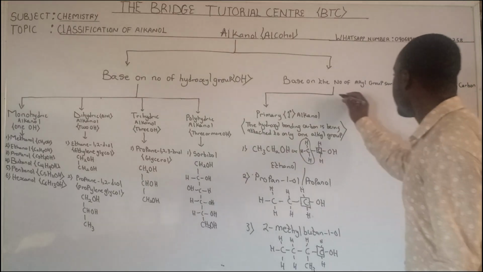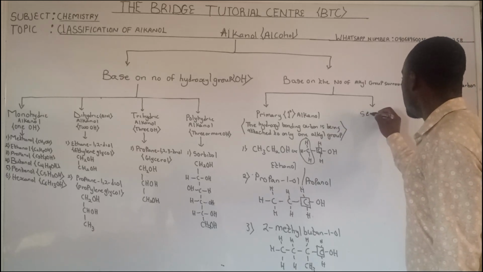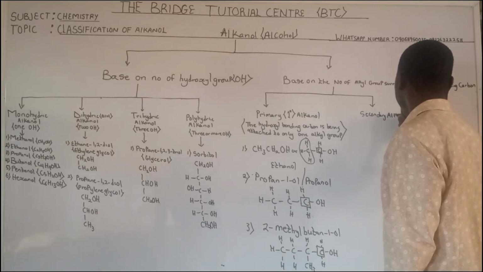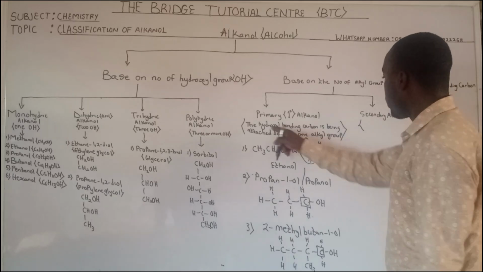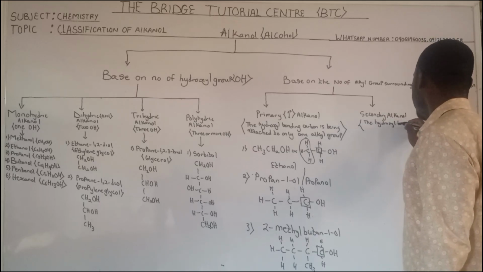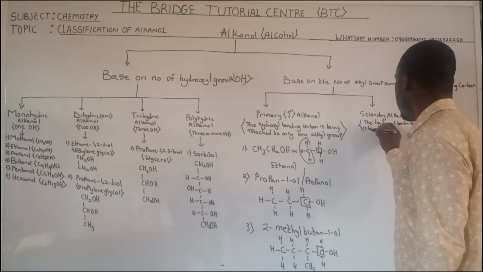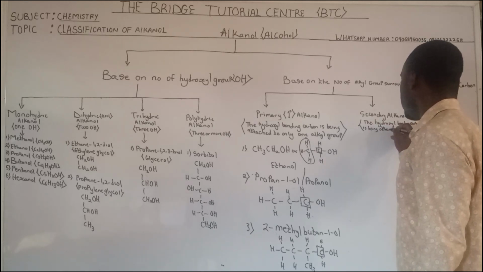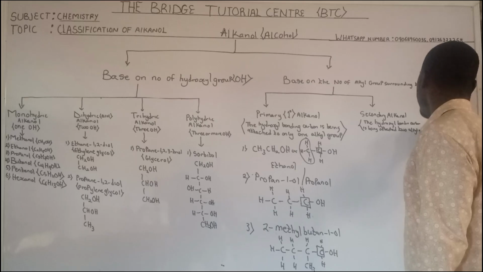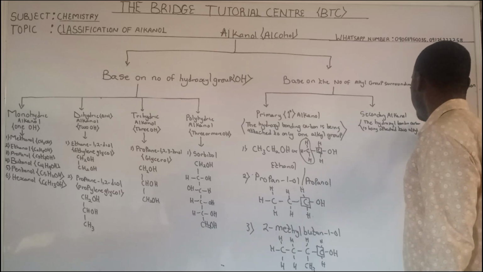Let's take a look at secondary alkanol. So when you are talking about the secondary alkanol, in our secondary alkanol, we have the hydroxyl bonding carbon being attached to 2 alkyl groups.